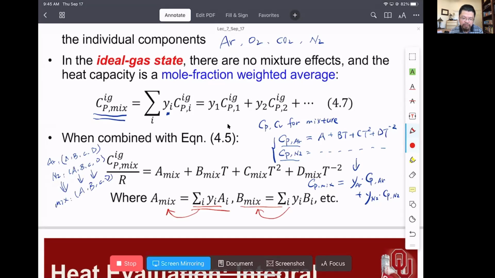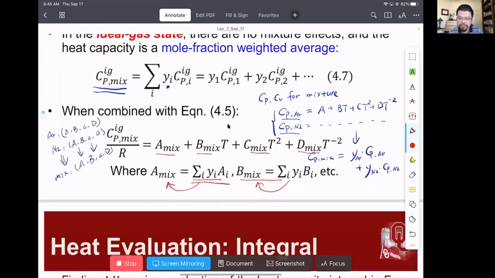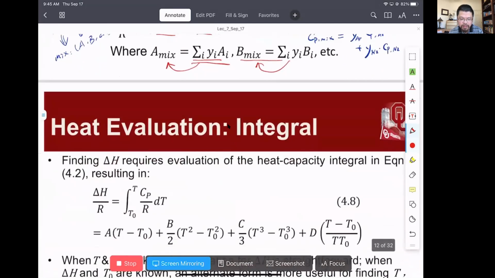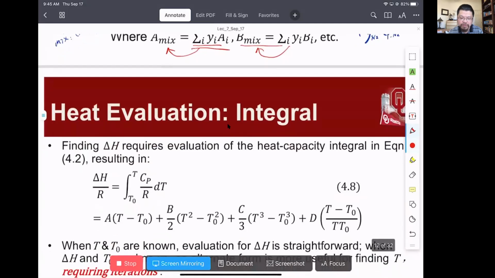After that, we stick with the same empirical correlation to get the direct equation for the Cp of the mixture. So both ways shall work to calculate the specific heat of the mixture. Now, once we have those equations and coefficients figured out, we can run the integration.